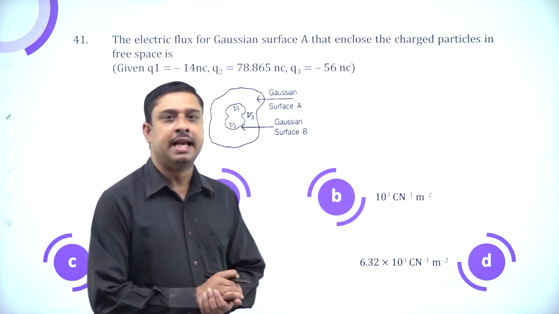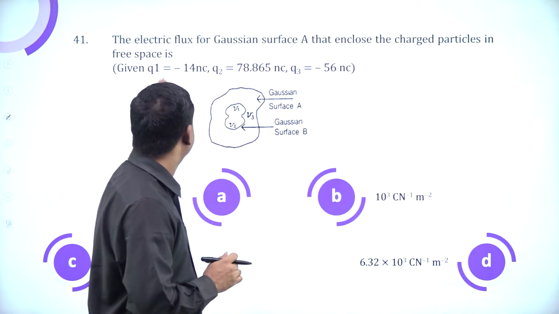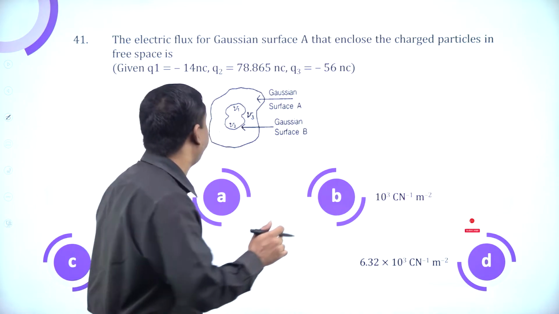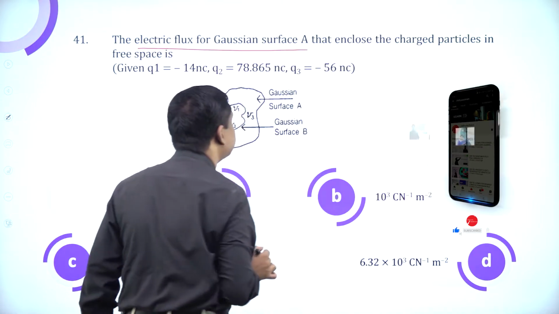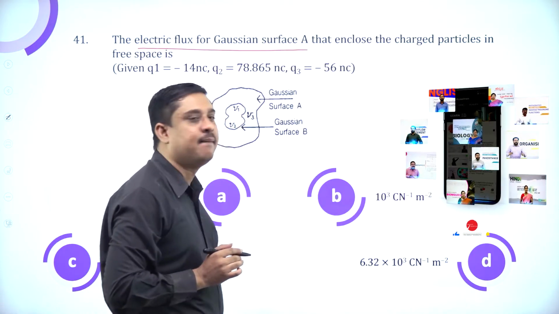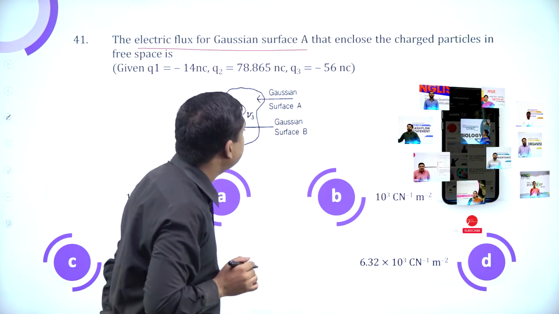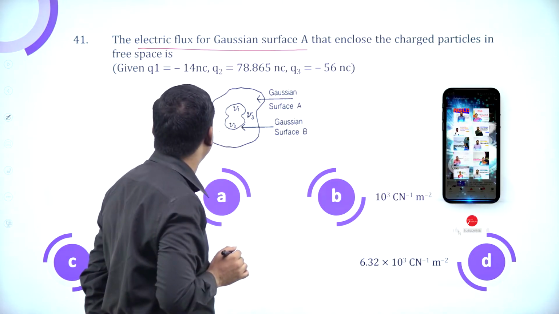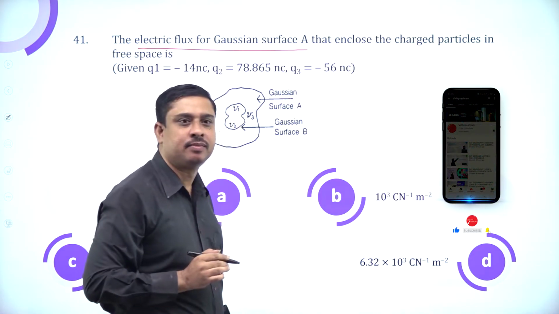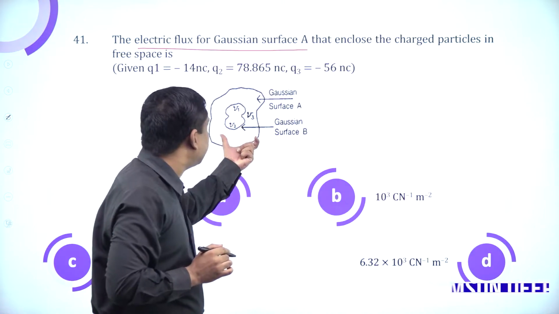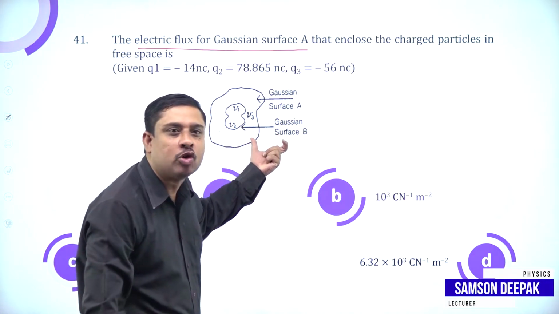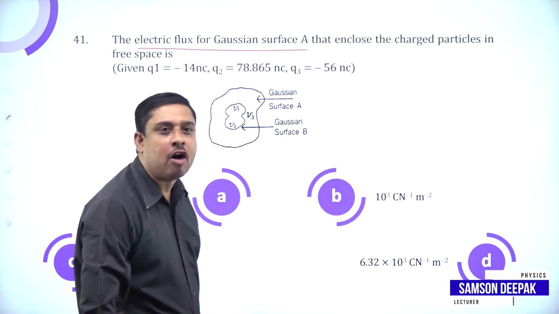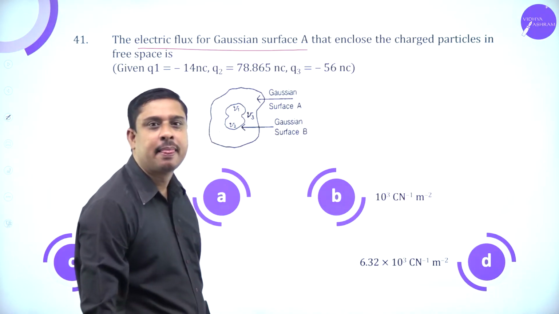So the next question, students. The electric flux for Gaussian surface A that encloses the charged particles in free space. So here is a diagram which encloses a Gaussian surface.